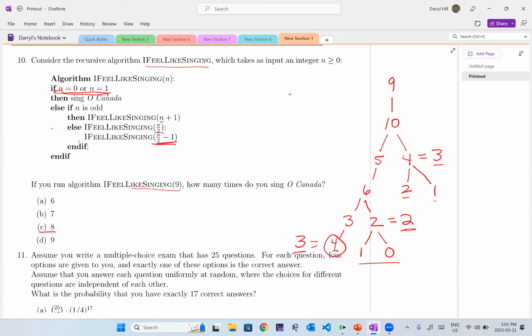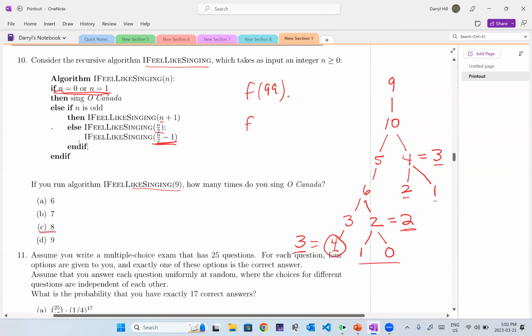There are questions about the Fibonacci sequence. Okay, so let's say I call Fibonacci 99.